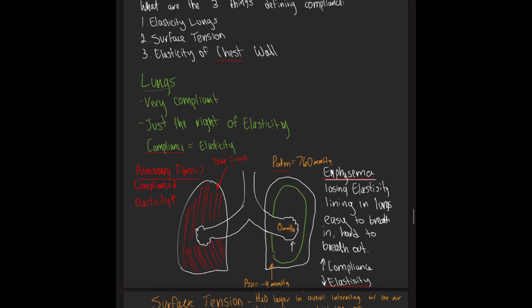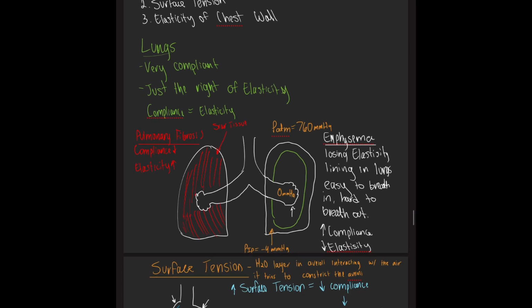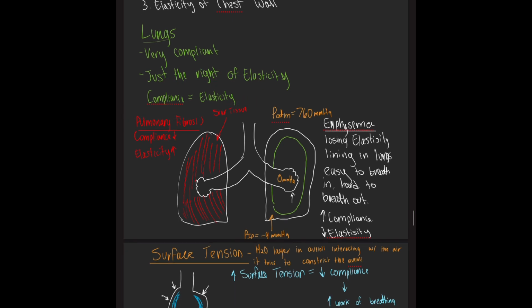One wants to stretch out, one wants to stretch back into its normal shape. Lungs are built to be very compliant, but also have just the right amount of elasticity. If we have too much of one or the other, we could really have issues. That's why we want them to be an equal opposing force, so we could just be normal and breathe our air.